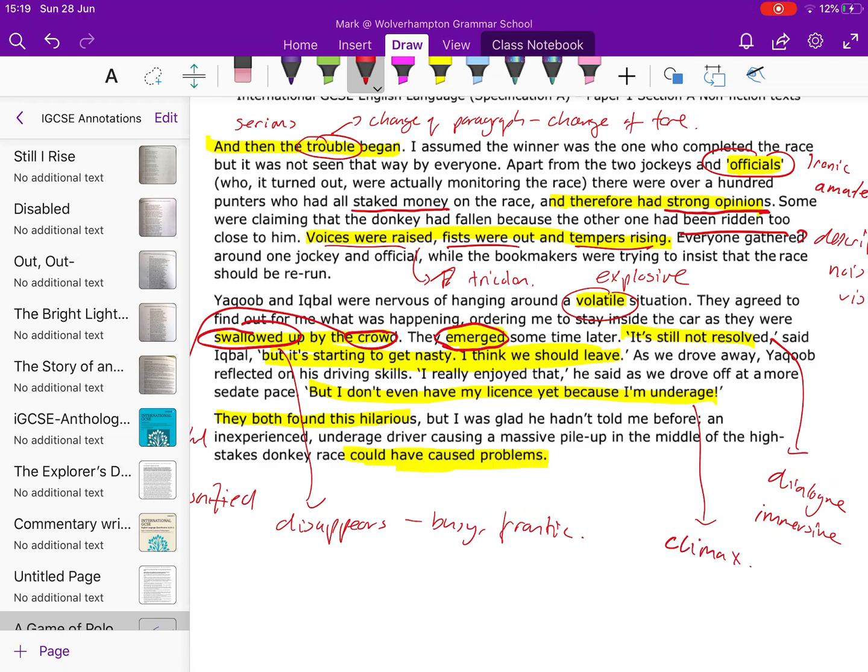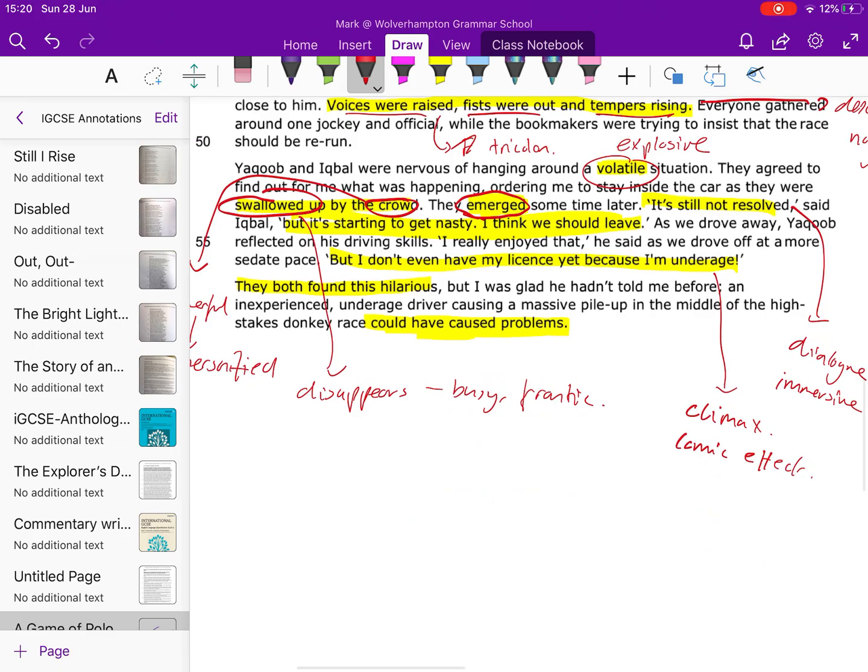The writer leaves this to the end for comic effect. That wouldn't have been as funny if we knew it at the start. She leaves it towards the end, and that detail, even though it was such a dangerous situation, the fact he jokes that he didn't even have his license yet, adds a bit of humour at the end of what was seemingly a very dramatic and tense situation.